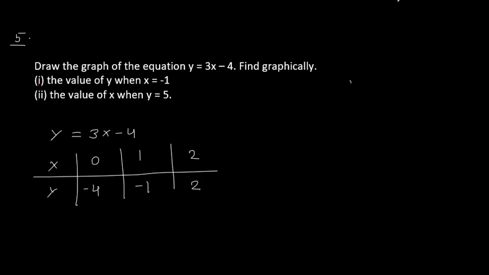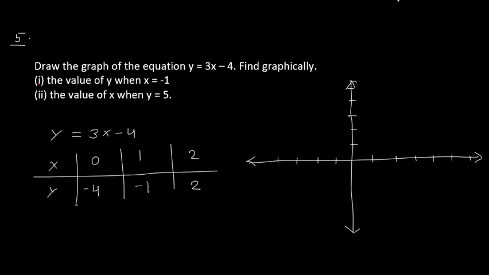So let us draw the graph. Now here we mark point as 1, 2, 3, 4, 5, 6. Here 1, 2, 3, 4, 5. Okay, you have to label all the points.